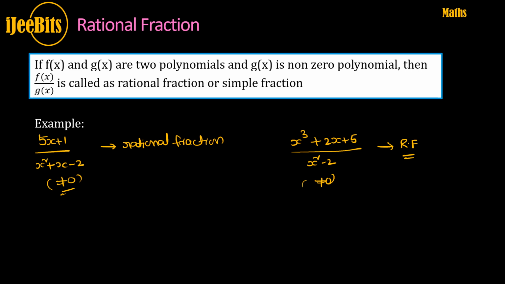Whenever you see a polynomial expression like this, you can easily recognize a rational fraction. Once you have the rational fraction, we can start defining proper, improper fractions and irreducible polynomials. Let's see them in the next slide.